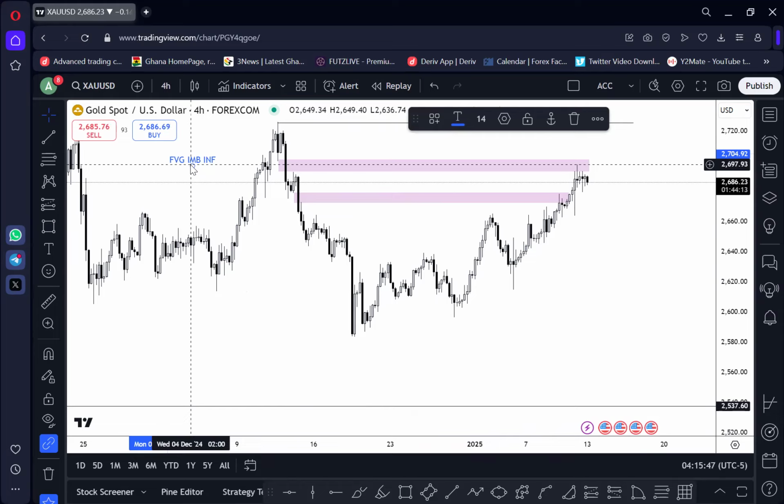So with the fair value gaps, we have the decisional fair value gap and the extreme fair value gap, where the decisional fair value gap is the one close to price, and the extreme is the one further away from price. The extremes are always high probability or A plus, and the decisional are always B plus, and will only be traded if we have liquidity taken out there.